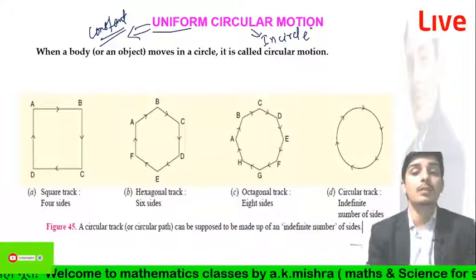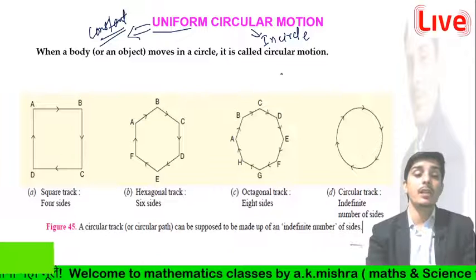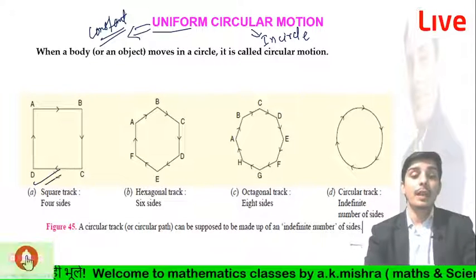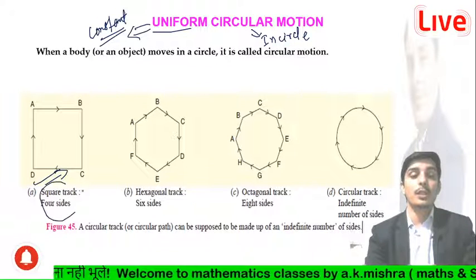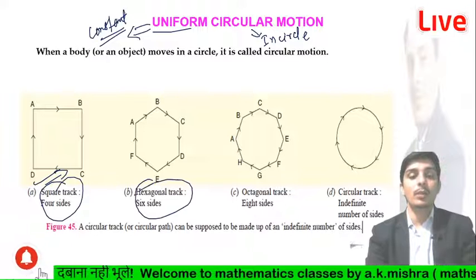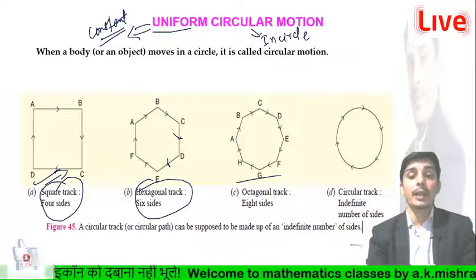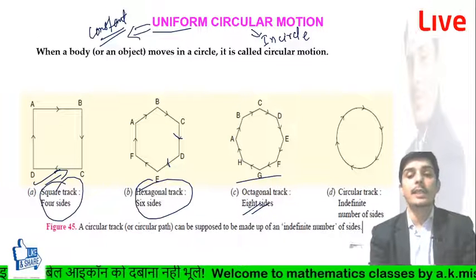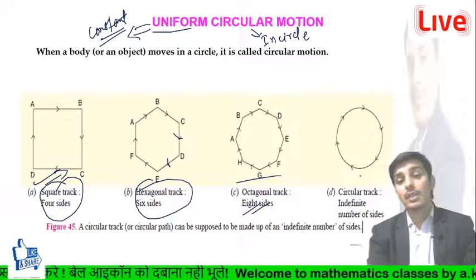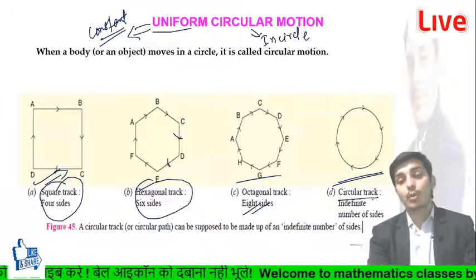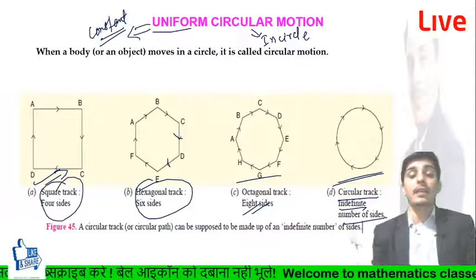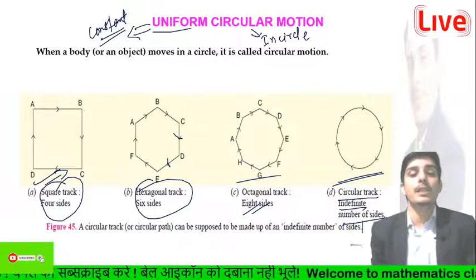Some figures are given on the screen. This is a square track, because it contains 4 sides. This is a hexagonal track because it contains 6 sides. This is an octagonal track because it contains 8 sides. And a circular track contains an indefinite number of sides, right?